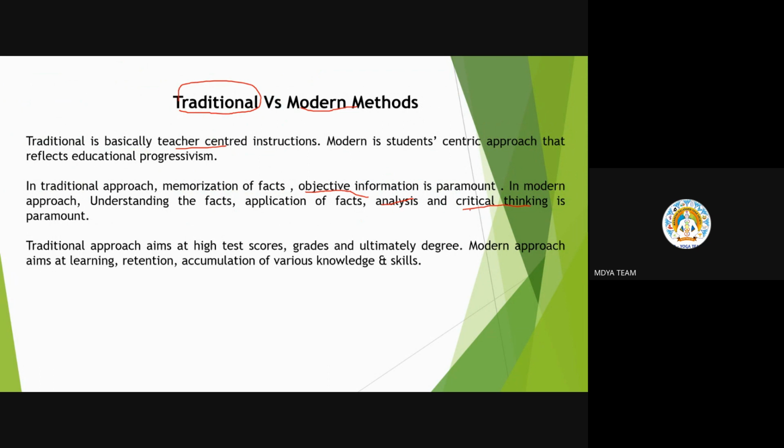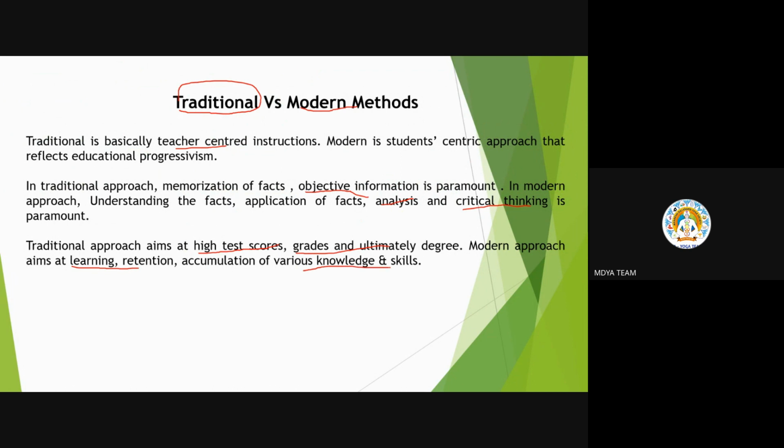Traditional approach aims at high test scores, grades, and ultimately the degree. Modern approach aims at learning, retention, accumulation of various knowledge and skills, building of the concept about something.